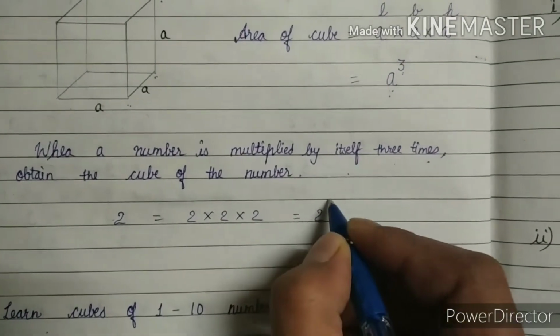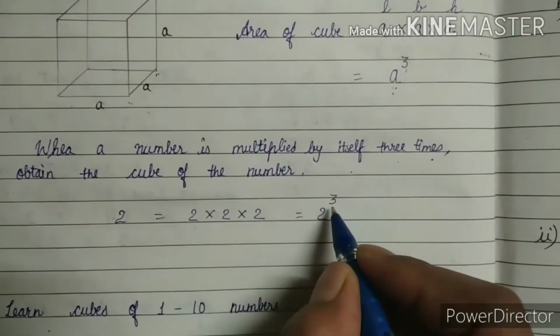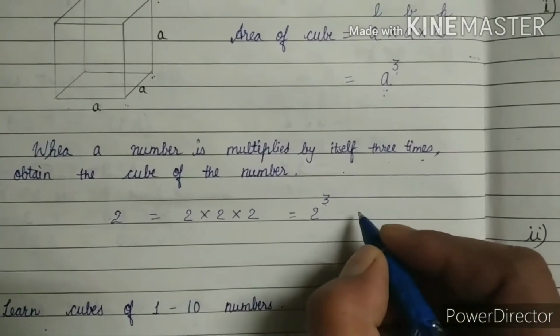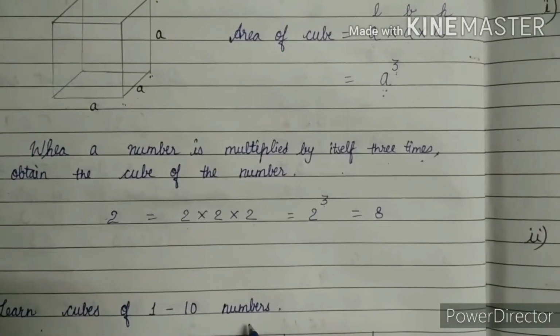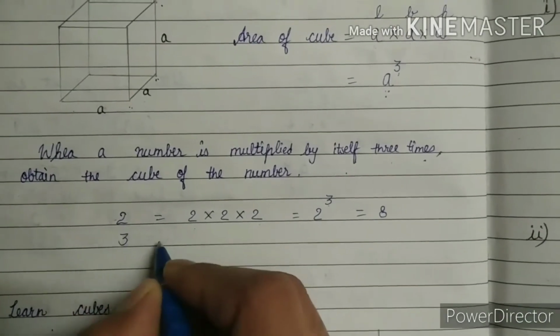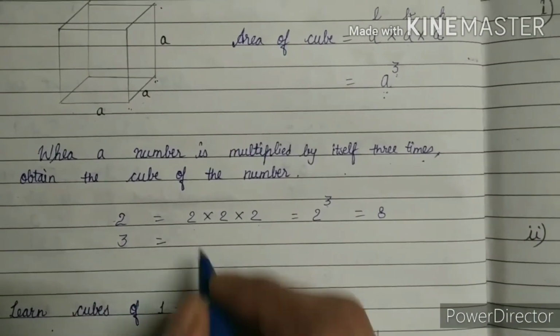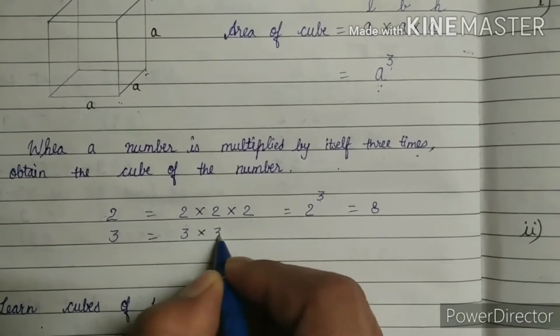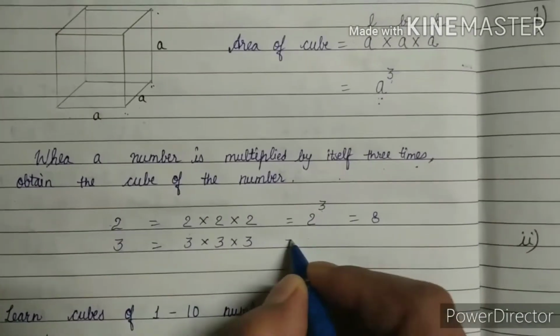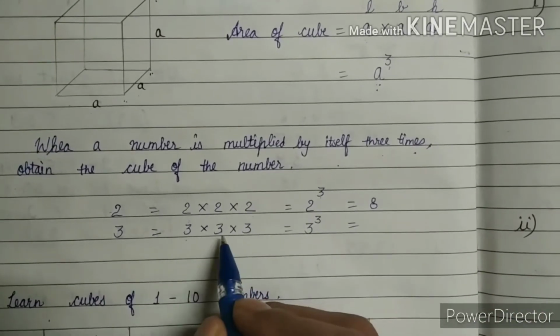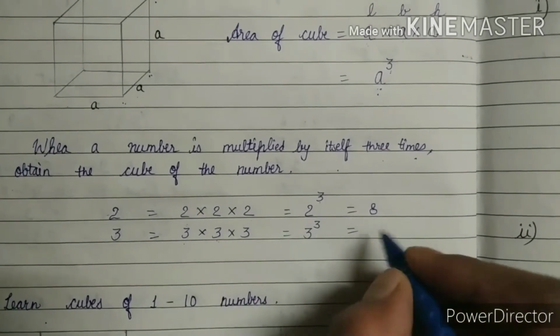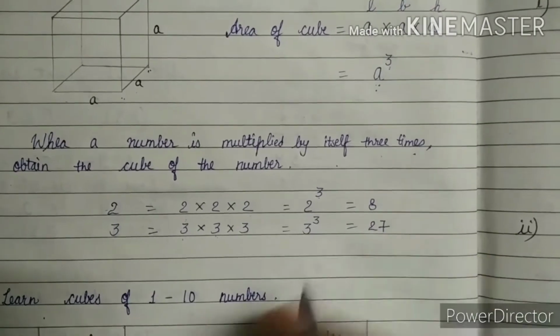They are multiplying 3 times. It means the power is 3, and 2 cube is 8. We can do the same for 3. 3 is multiplied 3 times, which gives the power of 3. 3 3s are 9, 9 3s are 27.